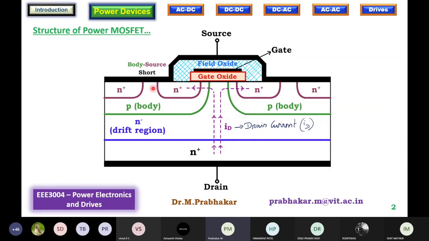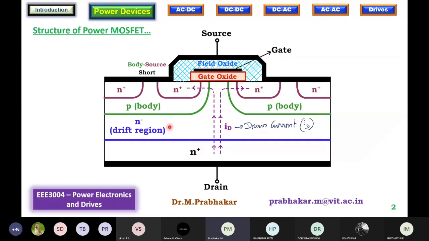Irrespective of whatever polarity you apply, suppose you apply minus to the source and plus to the drain, still this will be reverse biased. Therefore, you won't have any direct path for the current to flow at once.